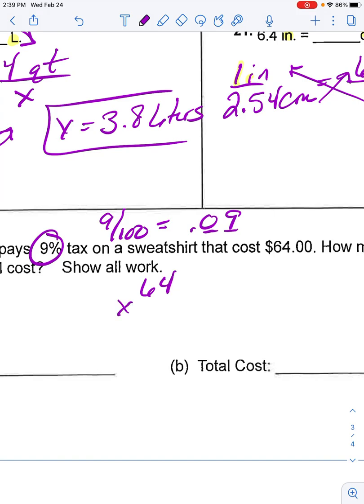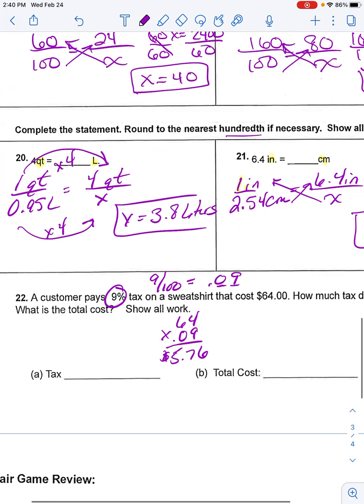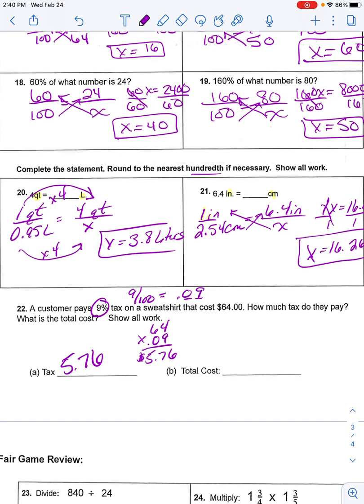So if we do 64 times 0.09, that will tell us how much the tax is. So 64 times 0.09, when you multiply, you should get $5.76. That's the tax. Now, the total cost of the shirt, it's $64 for the shirt, $5.76 for the tax. So that shirt is going to be $69.76 after tax.